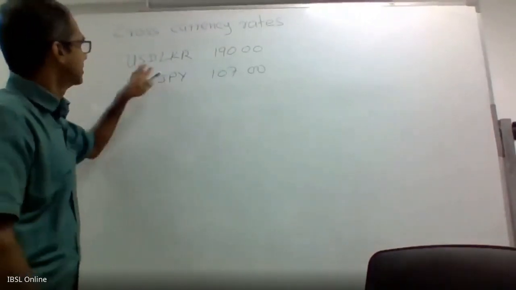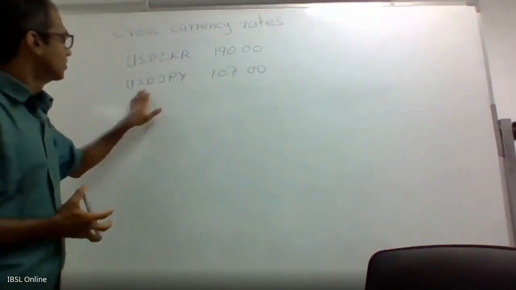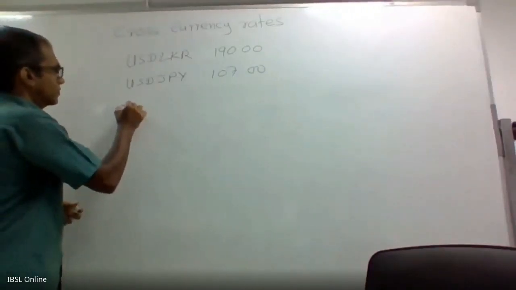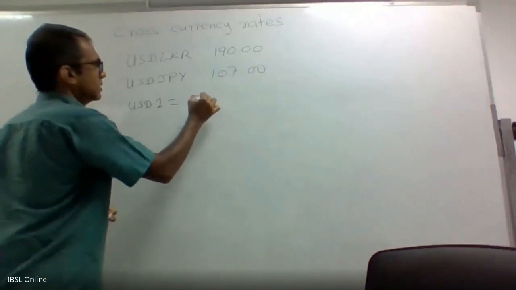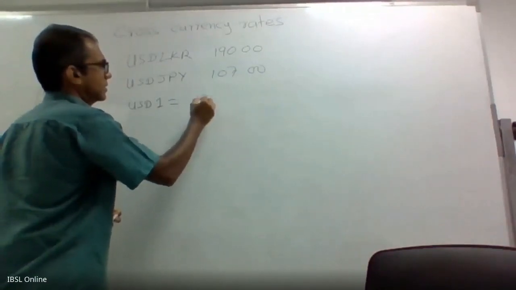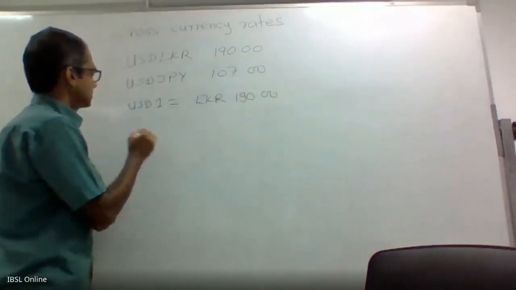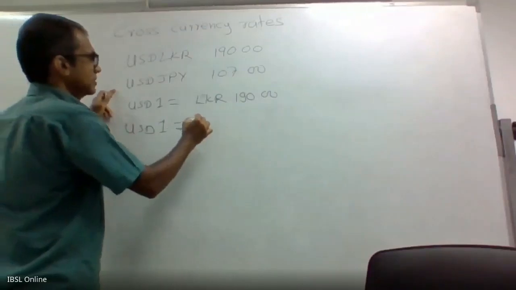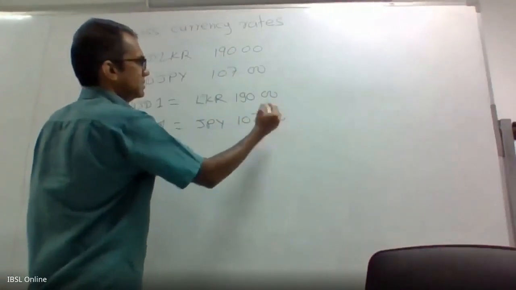Can you think about if this is the case? Dollar LKR 190, dollar JPY 107. What does it mean? 1 USD equals 190 LKR. And the second one, $1 equals 107 JPY.